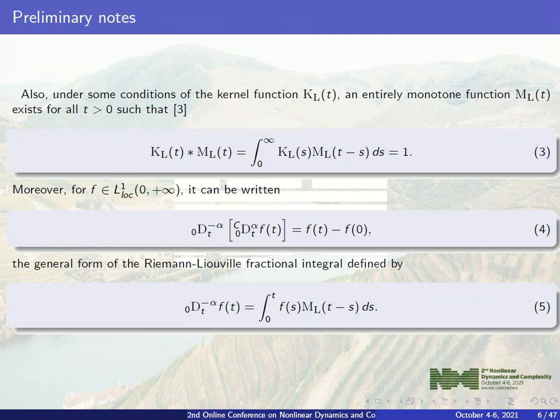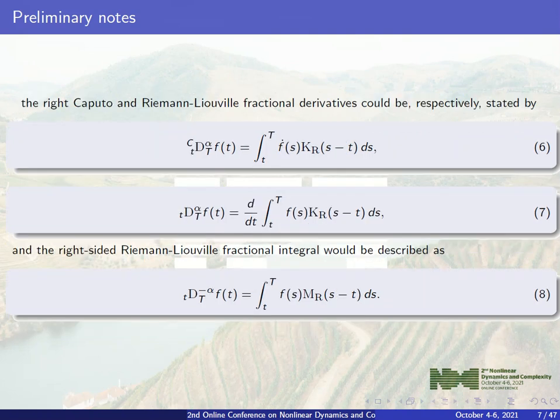by equation 3. Moreover, the relationship between the alpha derivative and negative alpha derivative of function f of t is defined by equation 4, where negative alpha derivative represent the general form of Riemann-Liouville fractional integral defined by equation 5.